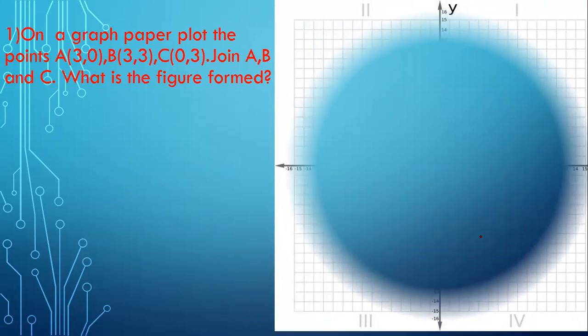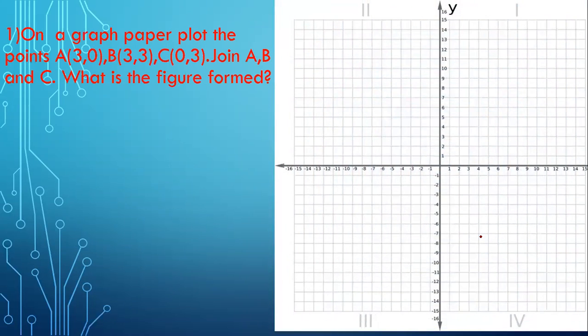So let's start. Here we have the x-axis, y-axis and the origin. So the first point is A and the coordinates are 3, comma 0. So one of the coordinates is 0. It means this point is again on the axis. Now on which axis? Here the y coordinate is 0.